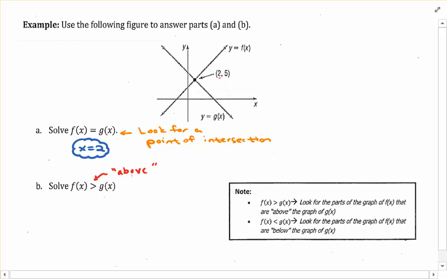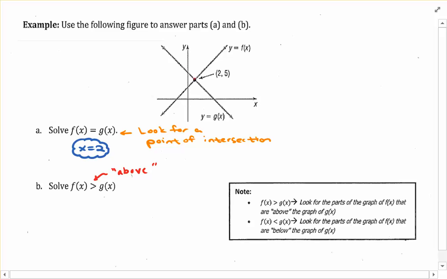The point of intersection is actually going to be helpful for us in this regard, because if you look to the left of the point of intersection, this piece of graph right here is a piece of the graph of g of x. And visually, this piece of the graph of g of x happens to be above a part of the graph of f of x. And so it just so turns out that it's unfortunately not a part of the diagram that we're interested in.